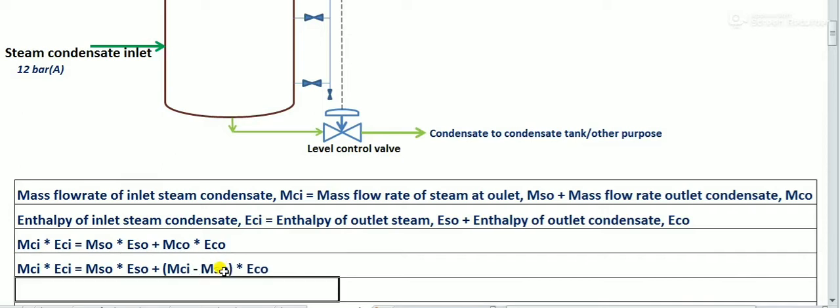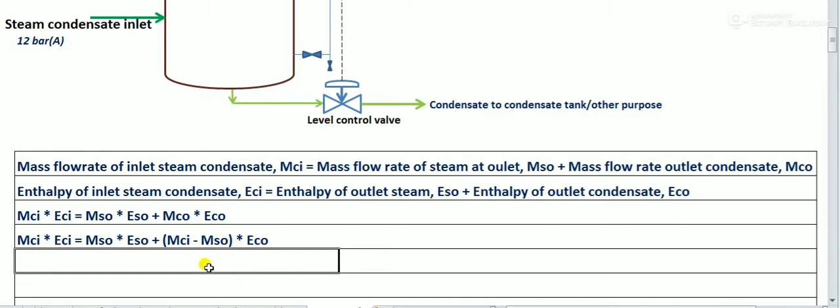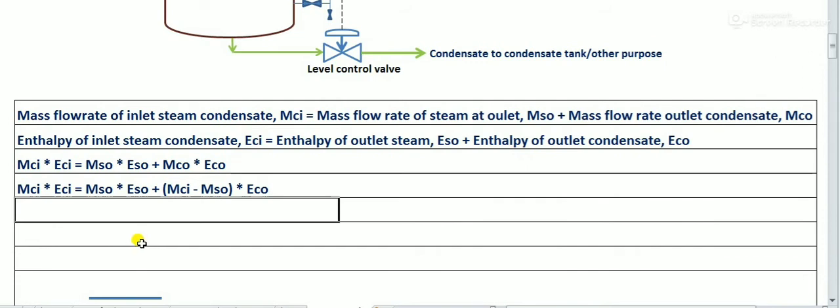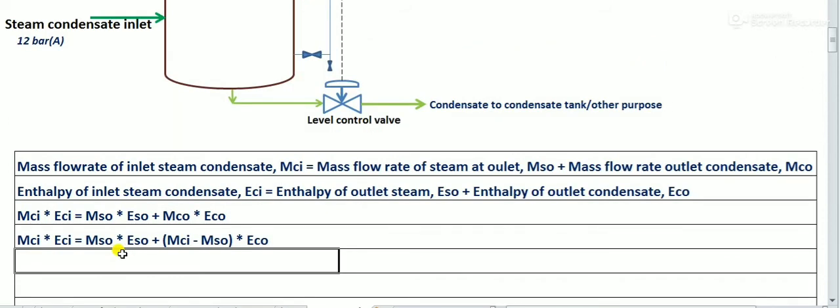If this equation solving derivation is quite vague, you can go for the calculation and skip this part of the video. I am explaining it just for our understanding. In this we want to calculate MSO, right? So MCI into ECI is equal to MSO into ESO plus MCI into ECO minus MSO into ECO.